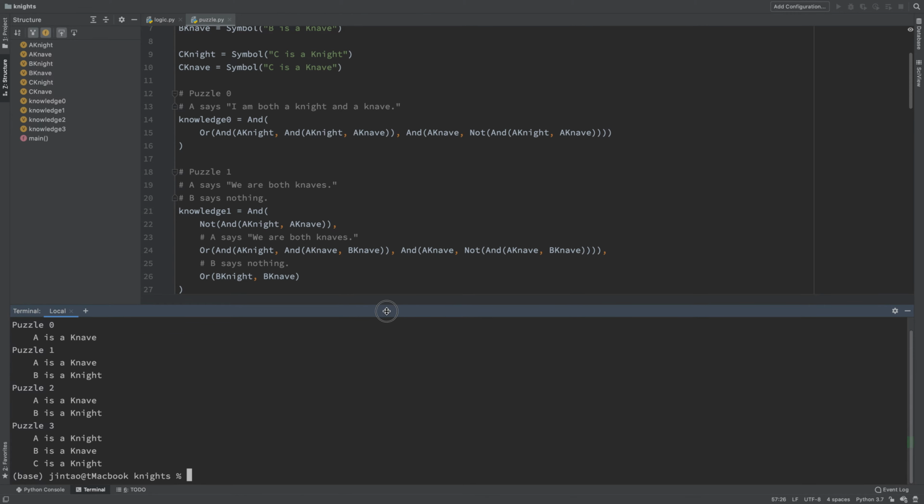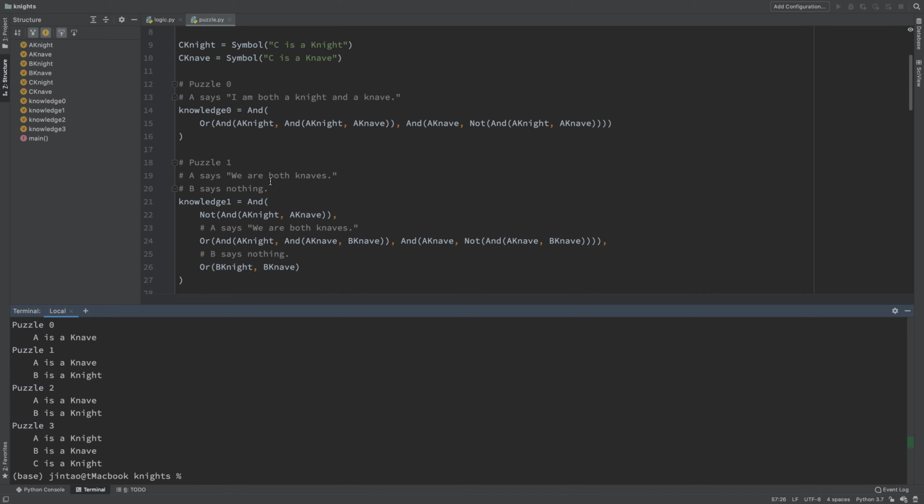Okay, so we can see these are the answer solutions for these four puzzles. So let's go through one by one. In the first knowledge, A says, I'm both a knight and a knave. So there are two kinds of situations, which means A is a knight or A is a knave.